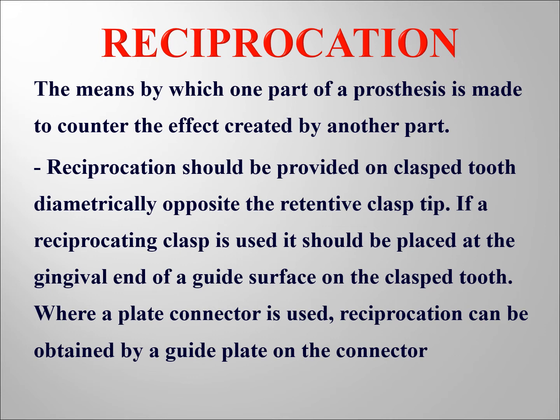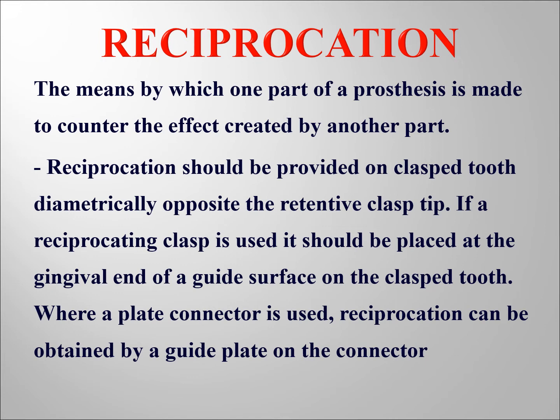Now, again, the reciprocal element can be a reciprocal arm, can be a reciprocal plate, it can be a combination of minor connectors and guiding planes. Whatever it is, the more ideal is to be placed opposite to the retentive tip. Now, on the other side of the retentive tip, it's most effective exactly opposite to the retentive tip.